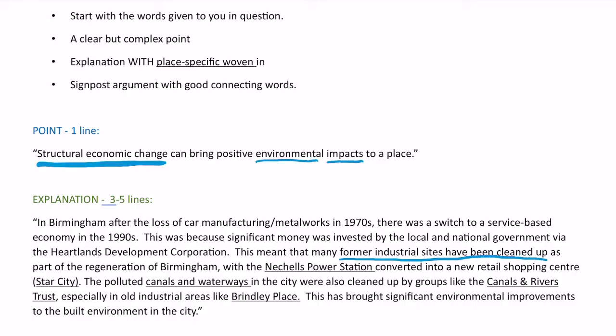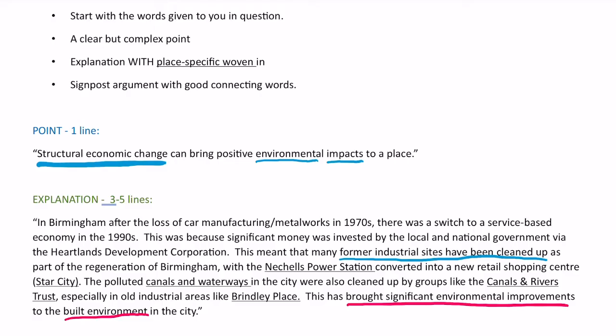I've talked about that with examples, and I've underlined the examples I've used: Nechells power station being turned into Star City, the canals and waterways being cleaned up by the Canal and River Trust, one of them being Brindleyplace. I've then linked back to the question right at the end. I said that this has brought significant environmental improvements to the built environment in the city. So the examiner knows that I've talked about positive environmental impacts, I've given place-specific examples, and, just to make sure they hadn't fallen asleep, I've linked back to the question.